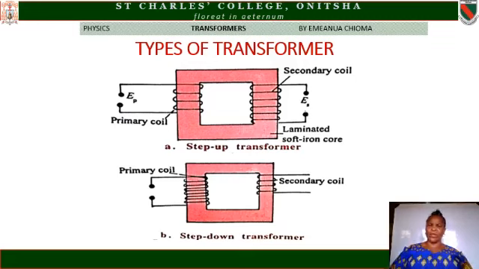In the step-up transformer, we have the primary coil, which is wound around the soft iron core. The primary coil is called the input winding. Both the primary and the secondary coil are wound round the soft iron core. In the step-up transformer, the secondary coil is large, while the primary coil is less.